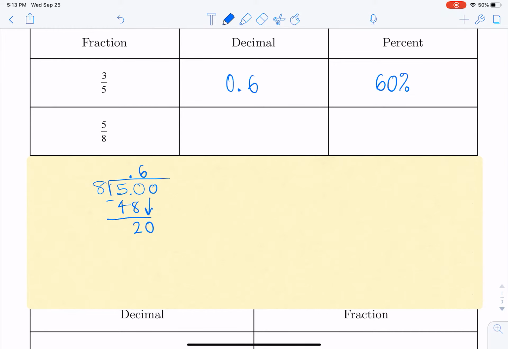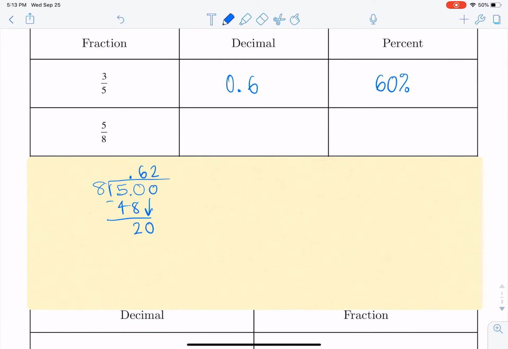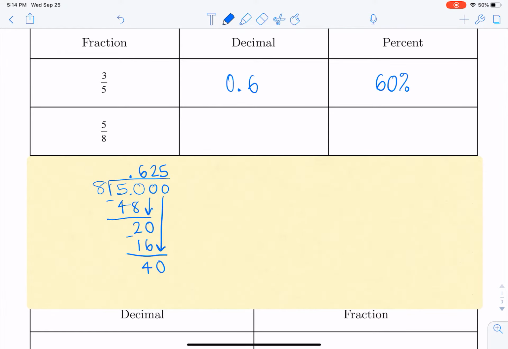Add another 0 since I have a remainder. How many 8s are in 20? 2, because 2 times 8 is 16. I'm left with 4. Bring down another 0, 40. How many 8s are in 40? That gives me 5. 8 times 5 is 40. Because I have a remainder of 0, this is another terminating decimal.